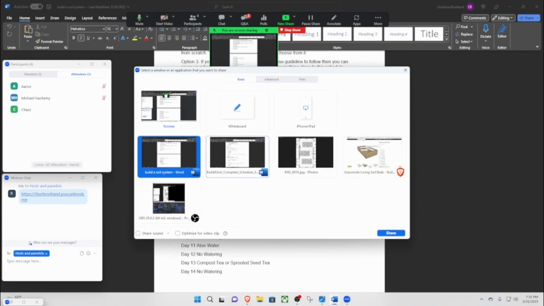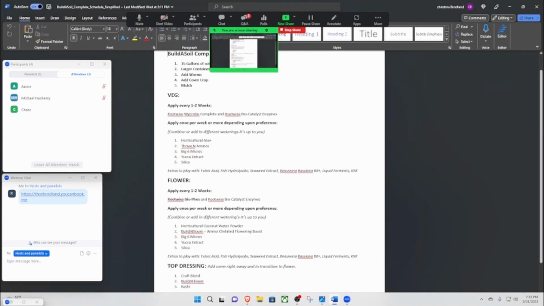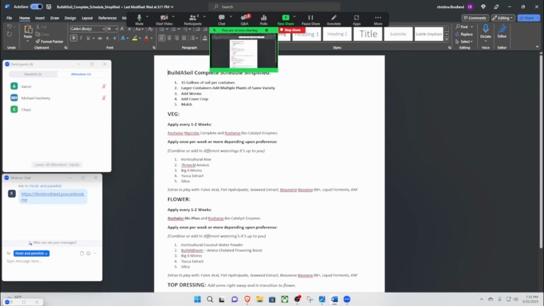Let me make sure I'm sharing the right one. Okay, cool. And then this one is the complete schedule for the nutrients and amendments that you can put in. You don't have to do all of this, but these are all things that the people at Build a Soil would recommend.